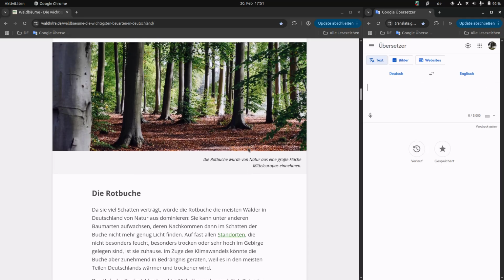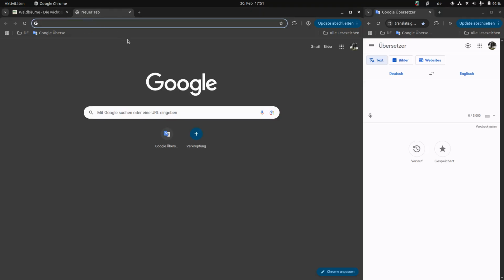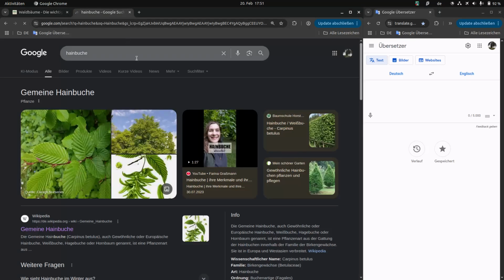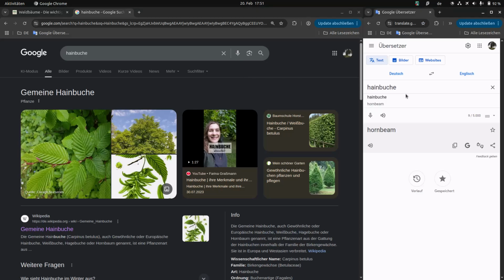In Germany we have a lot of Rotbuche, I think. This is not to be confused with the Hainbuche, which I think is not a real beech. Hainbuche, by the way, means hornbeam, with uppercase H because it's a noun.